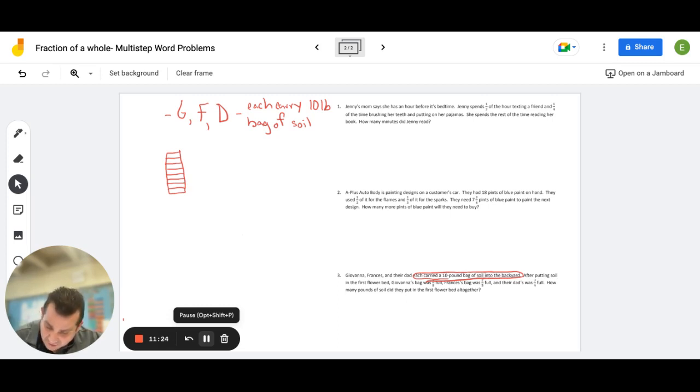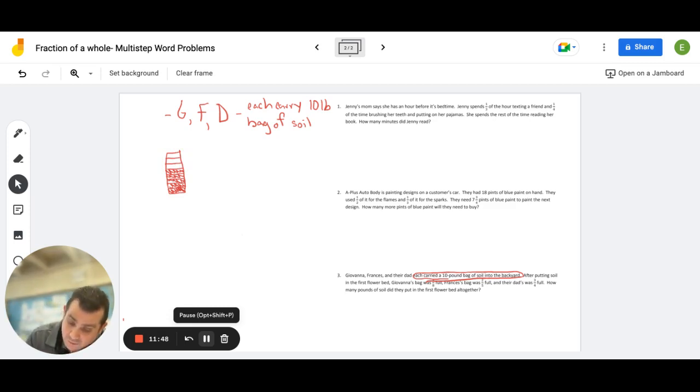So if I colored in 5/8 full, how much did she use? Well, she actually only used 3/8 because 5/8 of the bag is still there. So she only used 3/8.